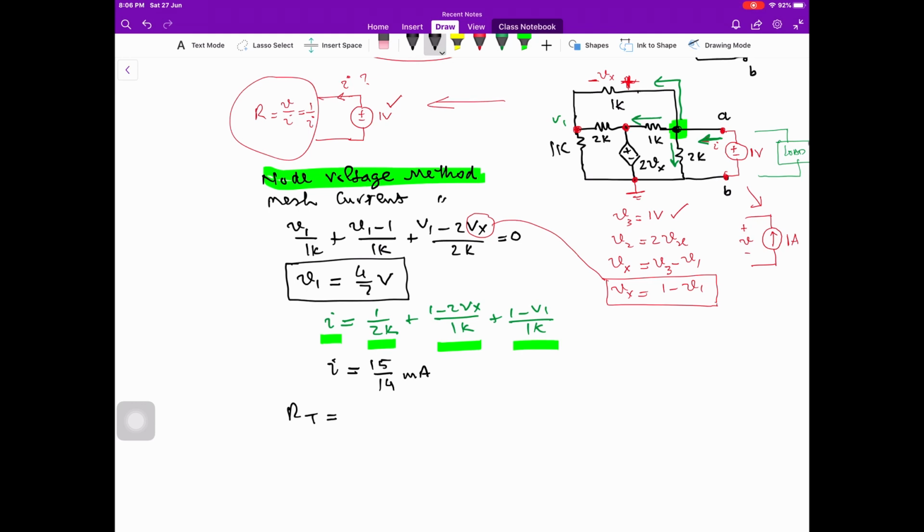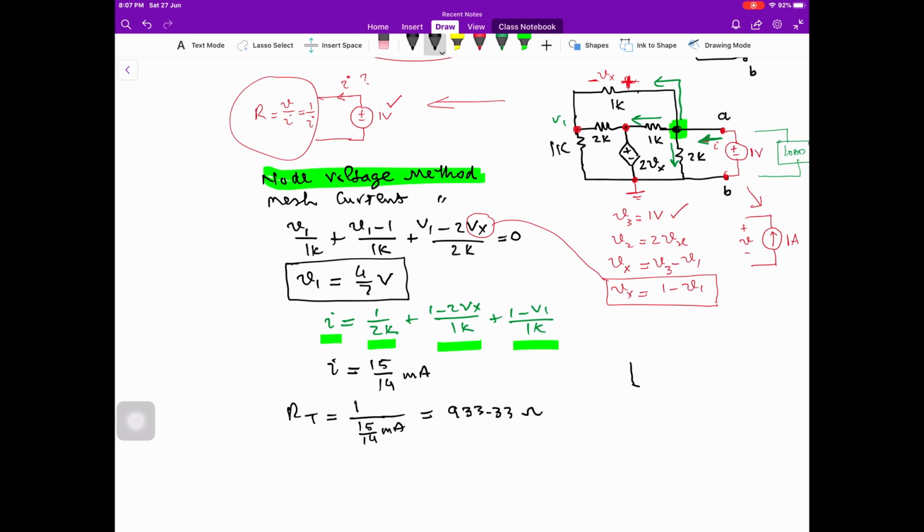What is R Thevenin? R Thevenin is the ratio of voltage and current. So what is the voltage? Voltage is 1 volt, and what is the current? It is 15 over 14 milliampere, and you will find that this resistance is 933.33 ohm.